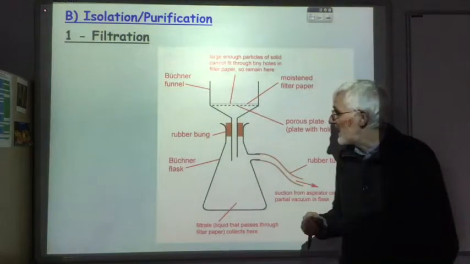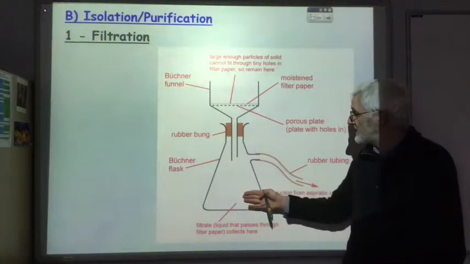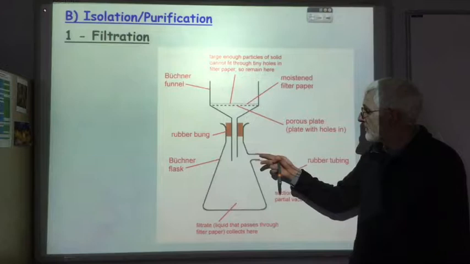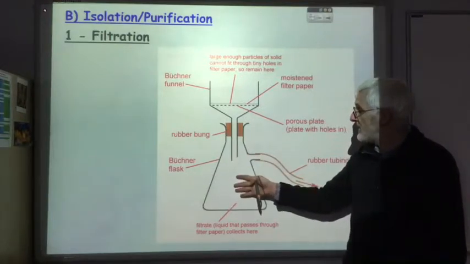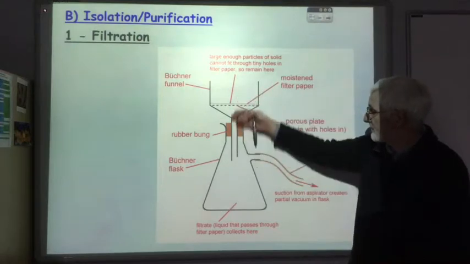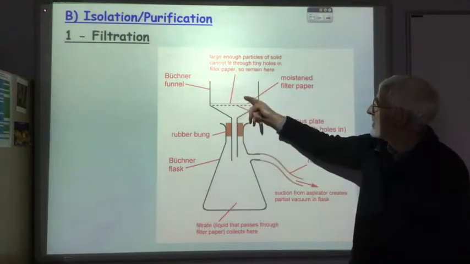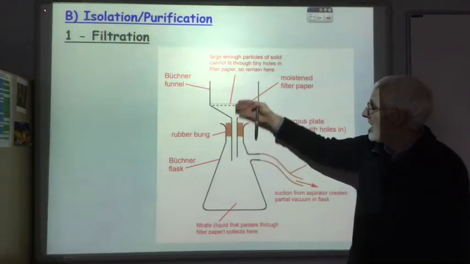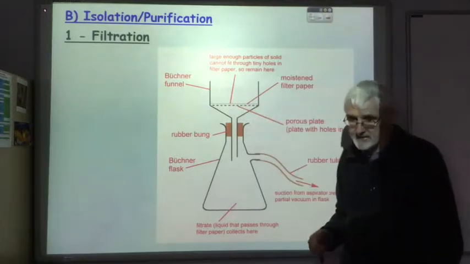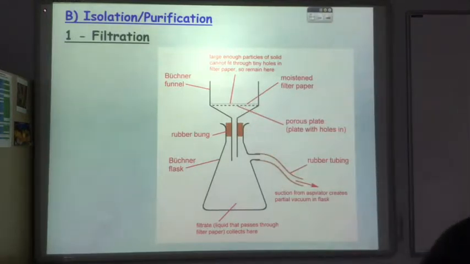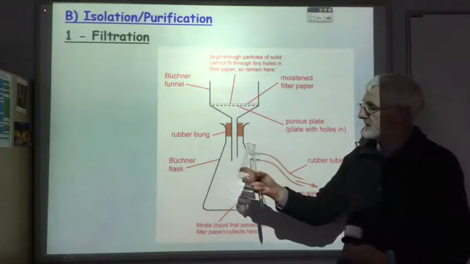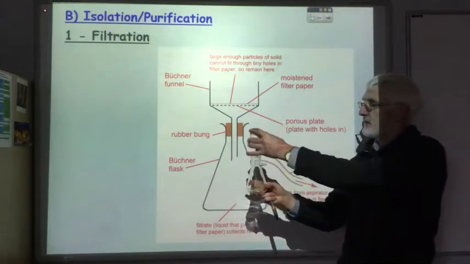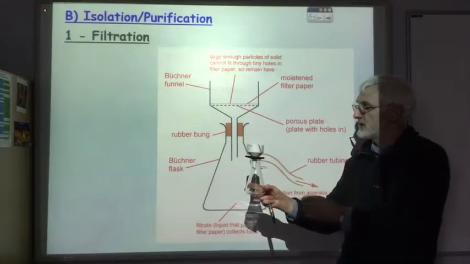So at Advanced Higher, we tend to use a Buchner flask, which has got a side arm which is connected to a water pump to provide a vacuum in here, which will pull the reaction mixture through the Buchner funnel and speed up the filtration process. So here's our Buchner flask, and here's the Buchner funnel that we use for the filtration.